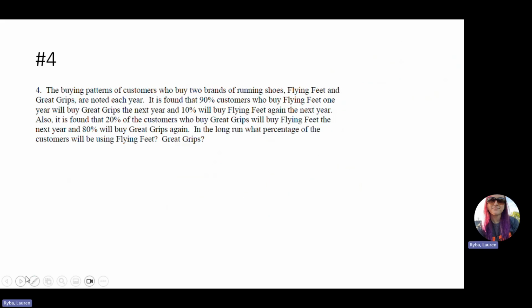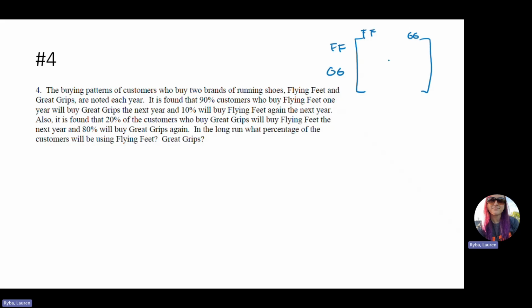We have one more. And then that is it for today. The buying patterns of customers who buy two brands of running shoes, Flying Feet and Great Grips, are noted each year. It is found that, as I read this again, I will make my transition matrix. So Flying Feet, Good Grips. 90% who buy Flying Feet one year will buy Great Grips the next year.